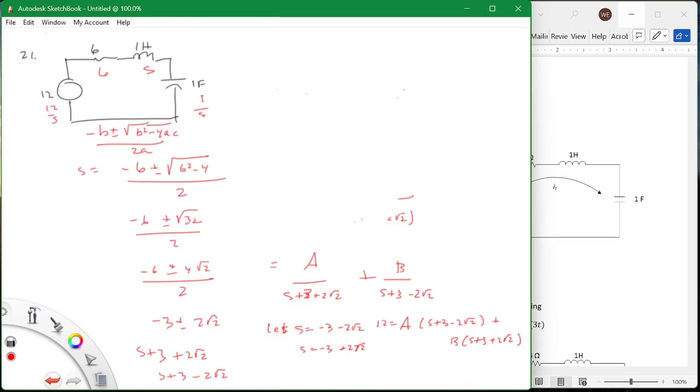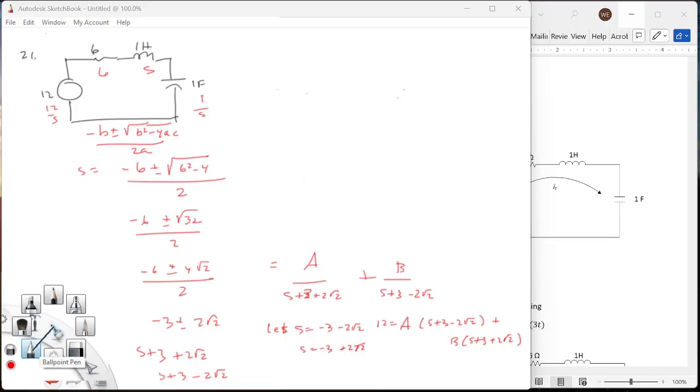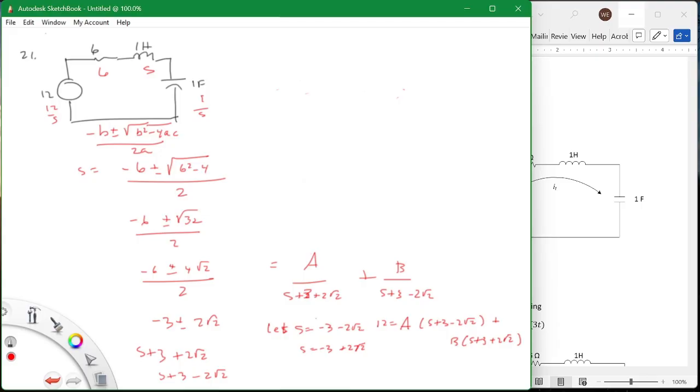At this point in time, it is perfectly legal for you to just crank in the numbers for these, and that's perfectly legal, okay? Or you can leave it like this. It's up to you.